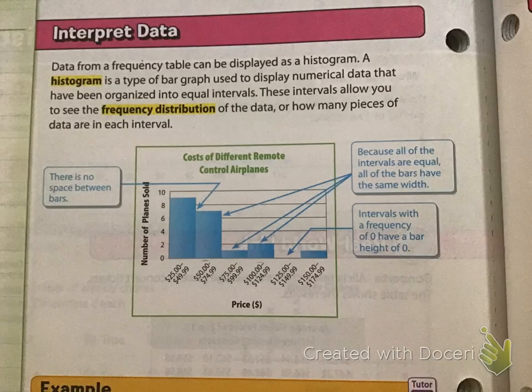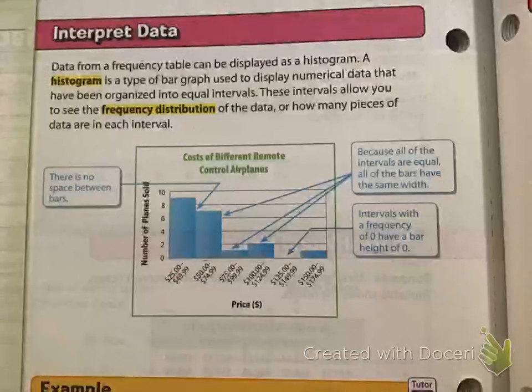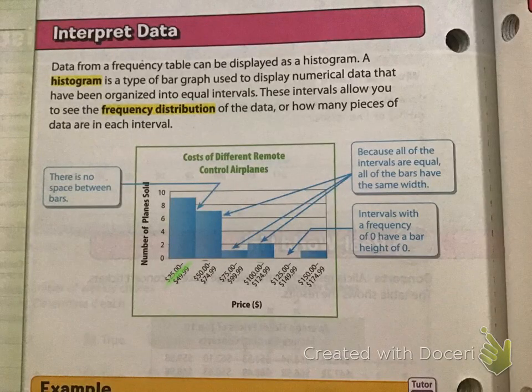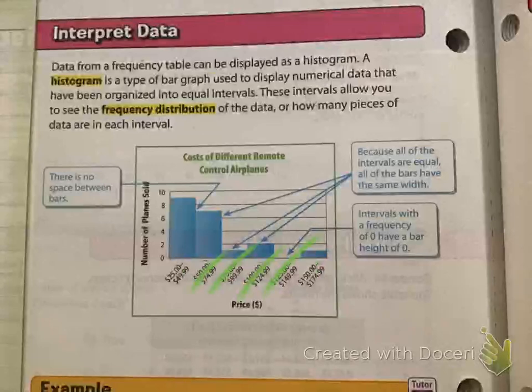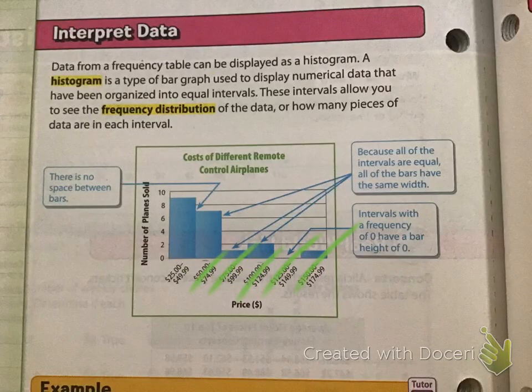Also, as we see here on the side, all intervals are equal, which means that this interval here, from $25 to $49.99, that's exactly $24.99. Exactly $24.99. Guess what that last one is? If you guessed $24.99, you are correct. So that's the rule with histograms.